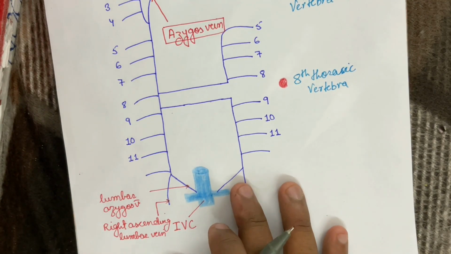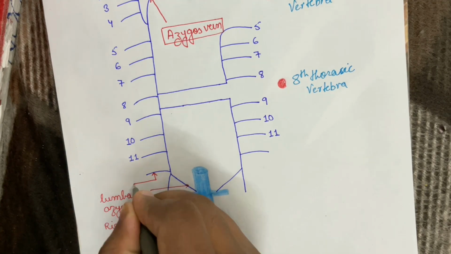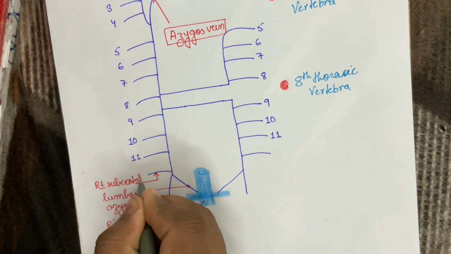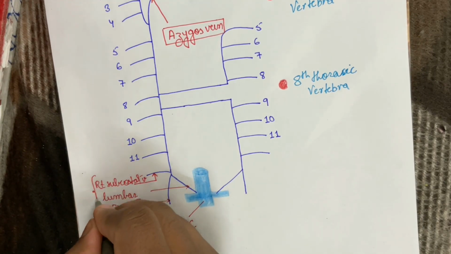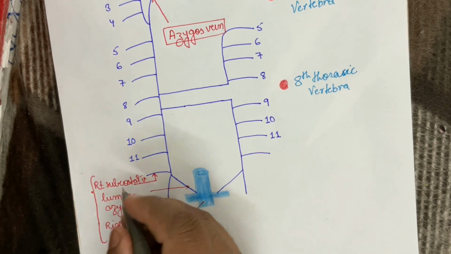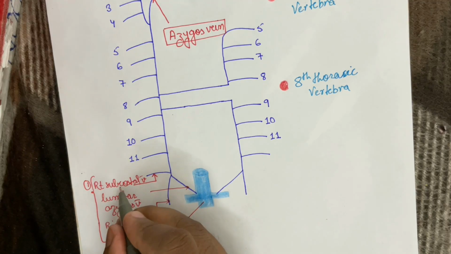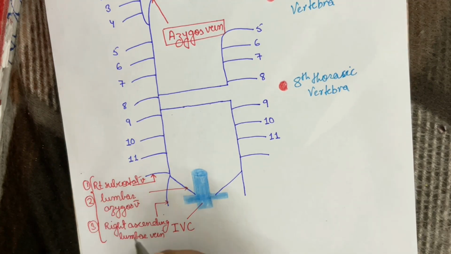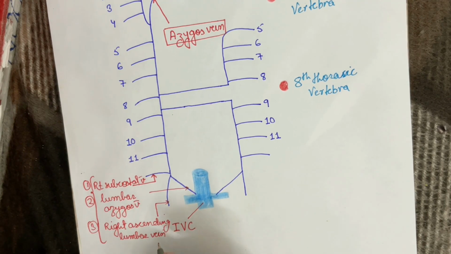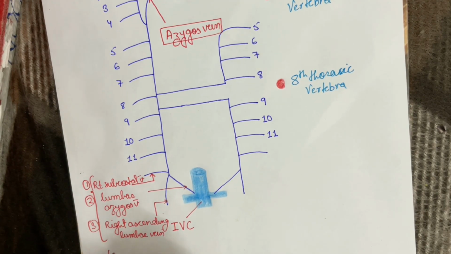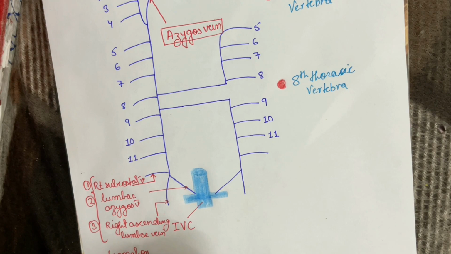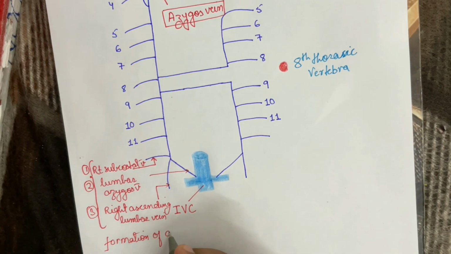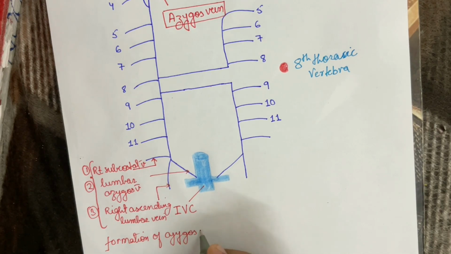And third, the right subcostal vein. Formation of the azygos vein by three: first, right subcostal vein; second, lumbar azygos vein; third, right ascending lumbar vein.